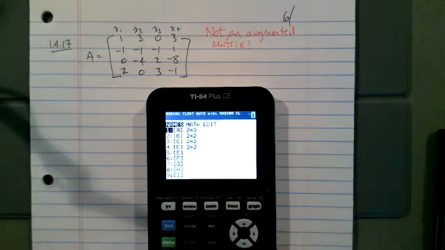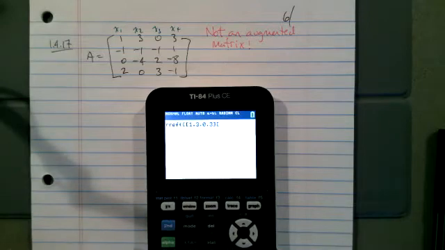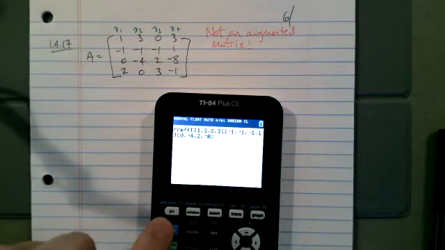So I'll enter the matrix in the calculator. By rows: 1, 3, 0, 3. Close the row, open the next row. -1, -1, -1, 1. Close the row, open the next row. 0, -4, 2, -8.